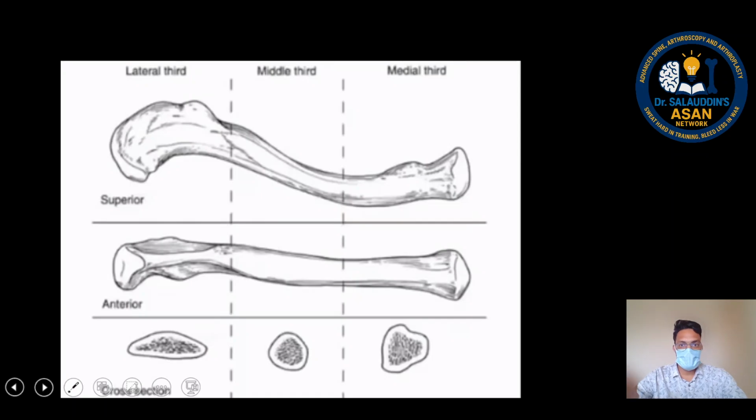The medial third, that is the sternal end, is triangular in shape, and the shaft is almost circular, and the lateral third, towards the acromial side, is flattened, and the bone marrow is very thin. This you have to keep in mind. That's why the treatment plan also varies for the clavicle bone rather than the other long bones.